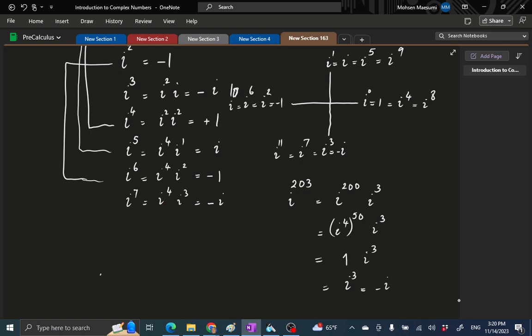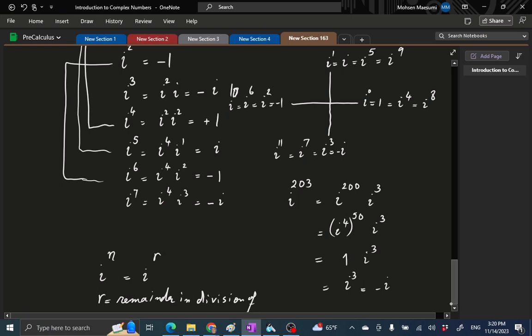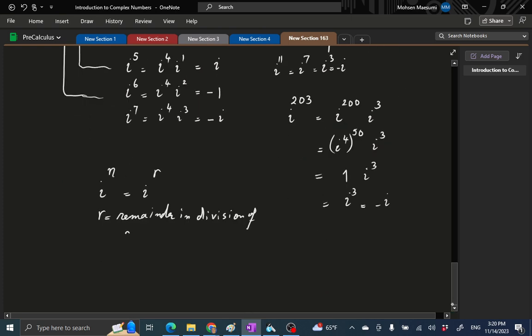So in short, if I have i to some power n, I can reduce it to i to some power r, where r is the remainder in division of n by 4.